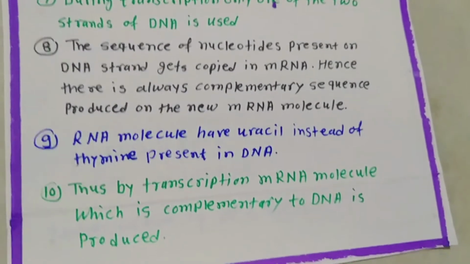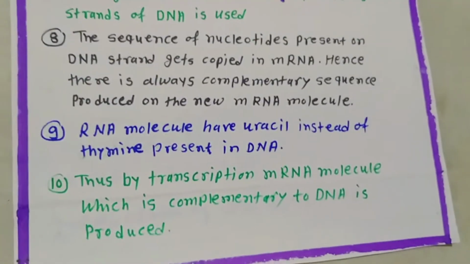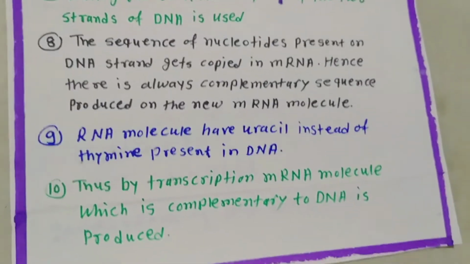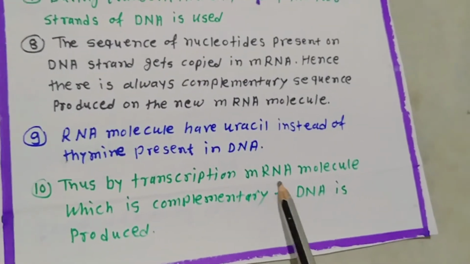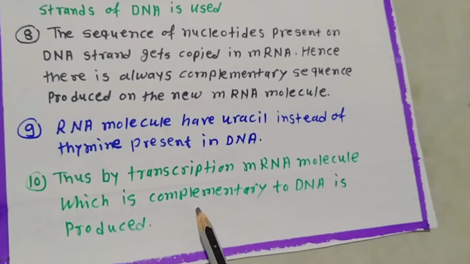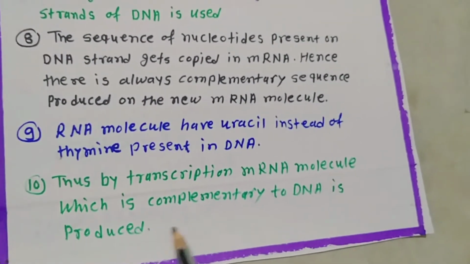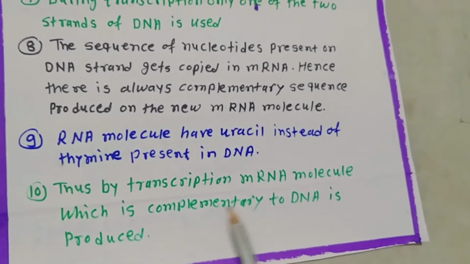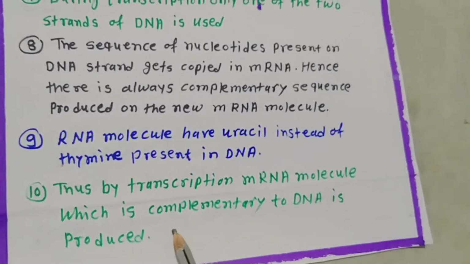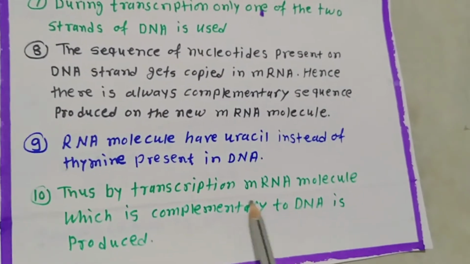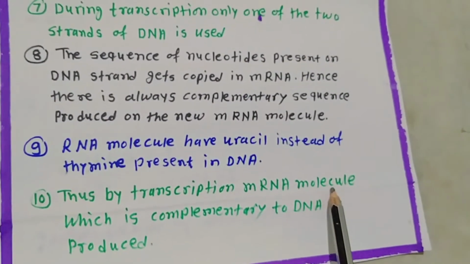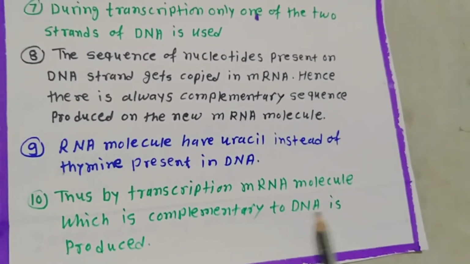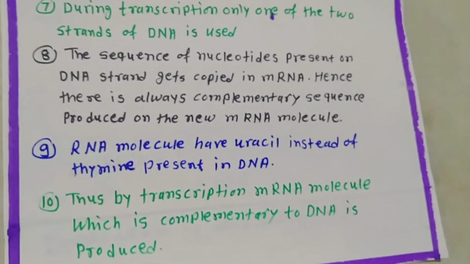RNA molecules have uracil instead of thymine present in DNA, and thus by transcription a messenger RNA molecule which is complementary to DNA is produced.